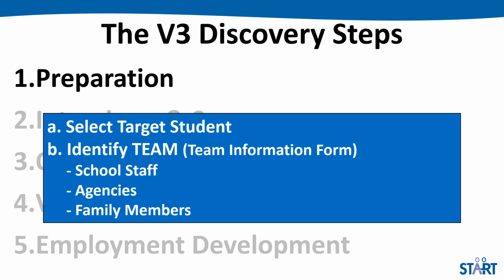When you embed this process as just part of your overarching transition planning work, then obviously the students that you identify that would benefit from discovery are already identified, and that team is your IEP team. It's just important to always make sure, with parent permission, that you include any agencies that are likely to pay for or provide for transition services, both while the student is still in school and certainly after the student exits.